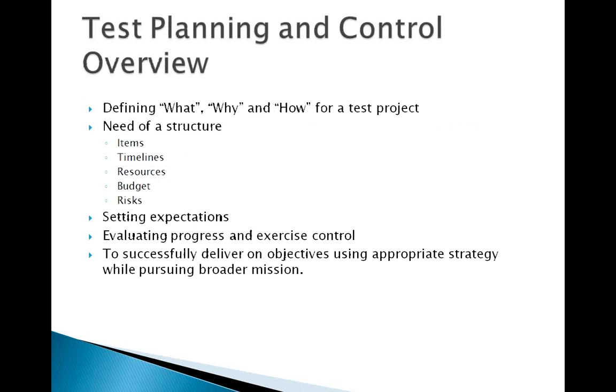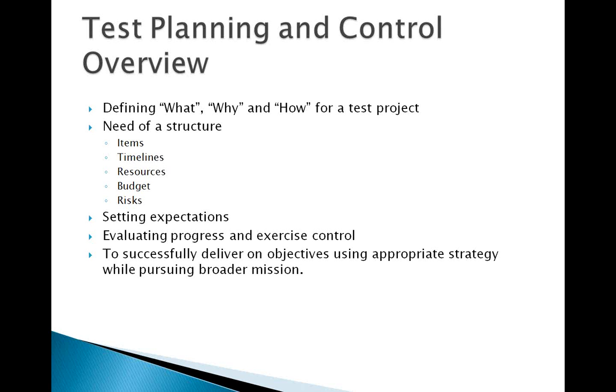Okay, so for any test project, we start with defining the what, the why, and the how for a test project, and then based on that we ultimately want to come to a structure where we can see all the items that we need to take care of, what are the timelines in which we want to take these items, what are the resources that are available to us or we need to arrange them, what is the budget that we have, and what are the risks that we are ready to take, and accordingly set expectations for all the stakeholders.